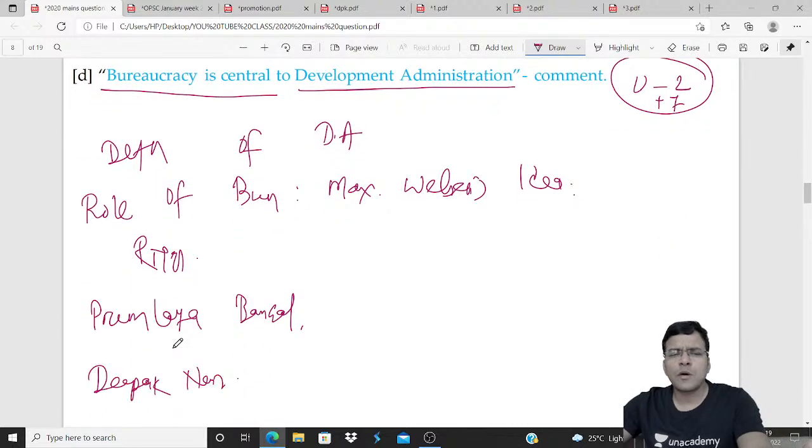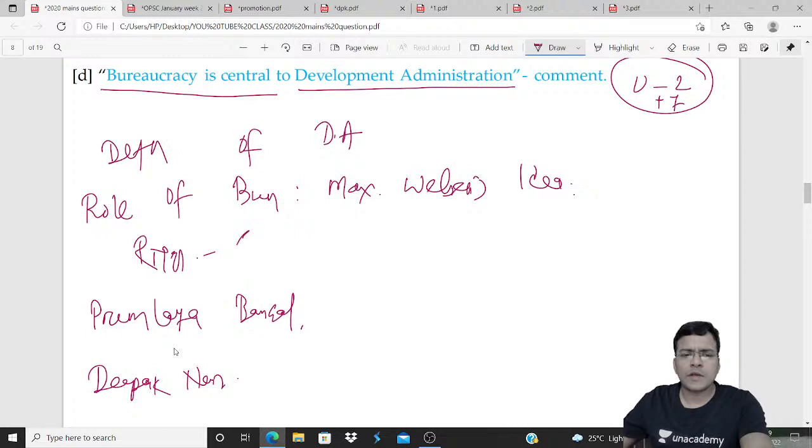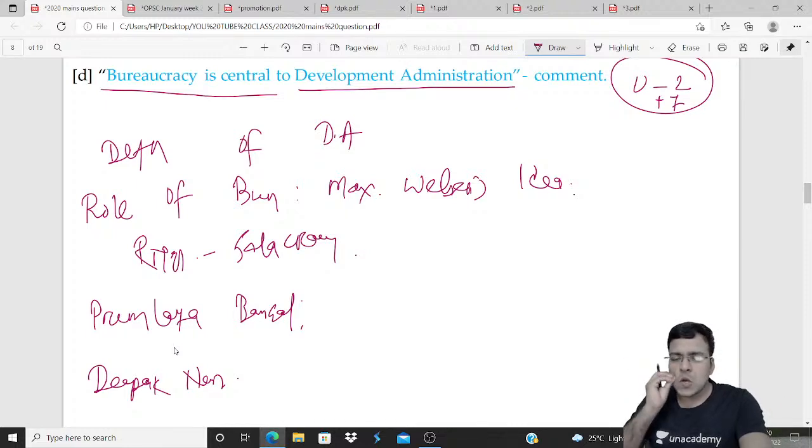The concept of Saladcracy, Riggs's idea, and Premlata Bansal said in India the IAS concern to development is minimum. That you have to write, and how to make bureaucracy central to development. Limitation, solution.